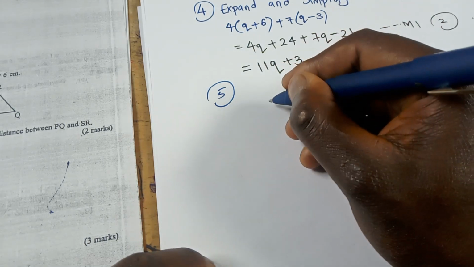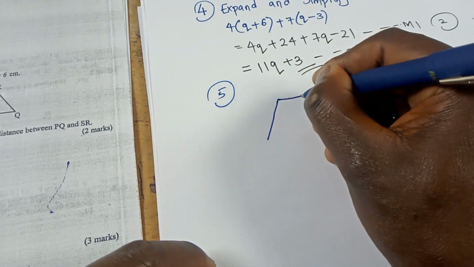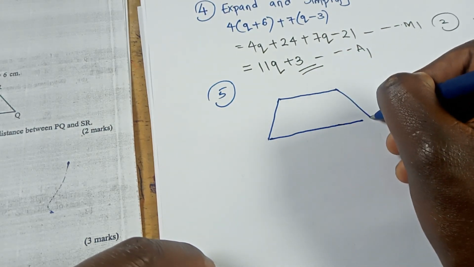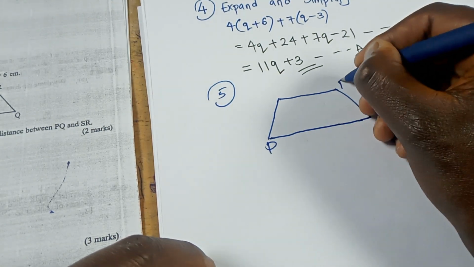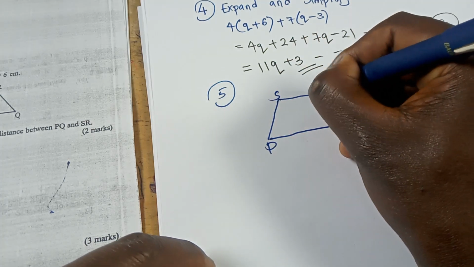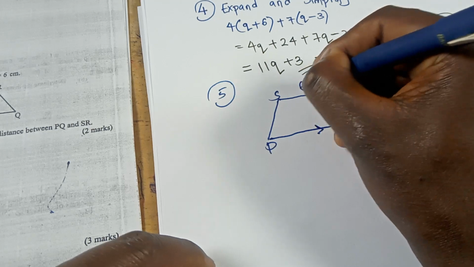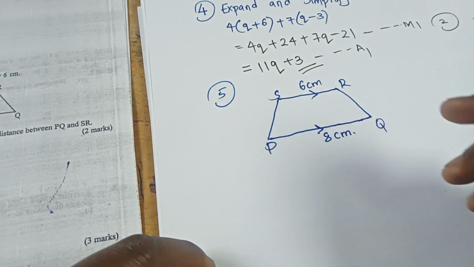I'm going to draw my diagram here as it has been drawn on our question paper. So it is a trapezium, and this trapezium has been given a name P, Q, R, S. So we have the parallel sides, and SR is equal to 6 centimeters, PQ is equal to 8 centimeters.